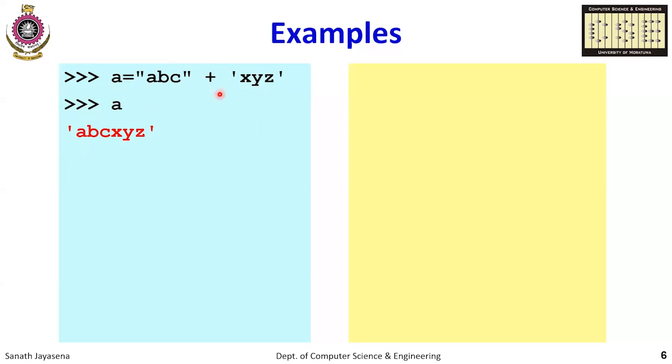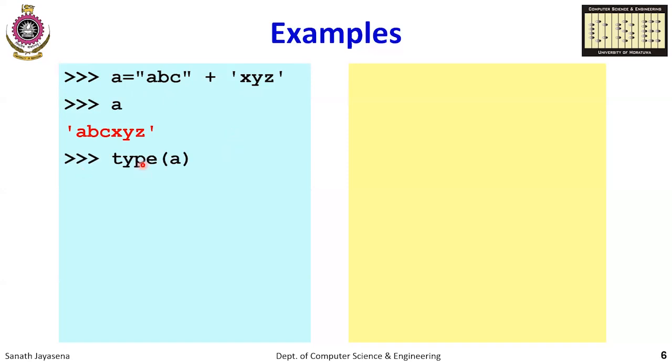So in black color, in these interactive sessions, you will see the statement or expression that I type at the shell prompt of the Python shell. And after that, in red color, I show the response from the Python interpreter.